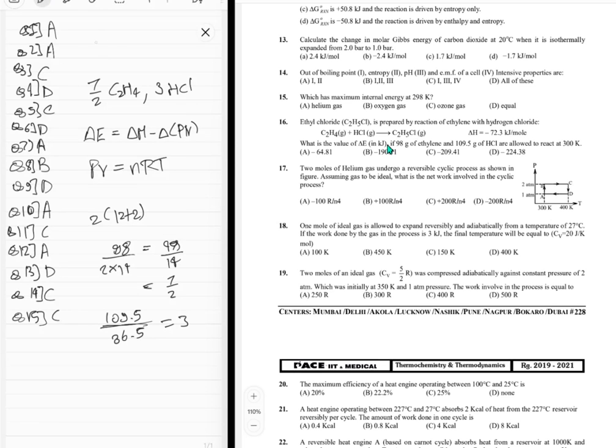So this would just be delta of nRT, and that's just delta n times RT, because we are assuming temperature is constant. So they already gave us delta H, negative 72.3 kilojoule per mole, minus, we want to find what this value is. So RT, what is R? Say 8.3, and that times T, 300, and delta n.